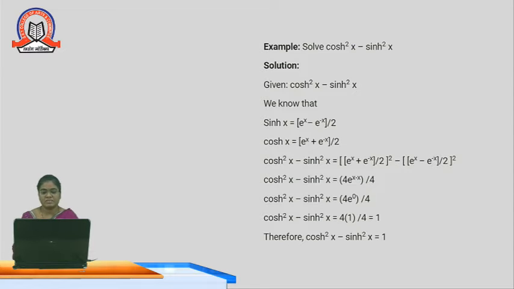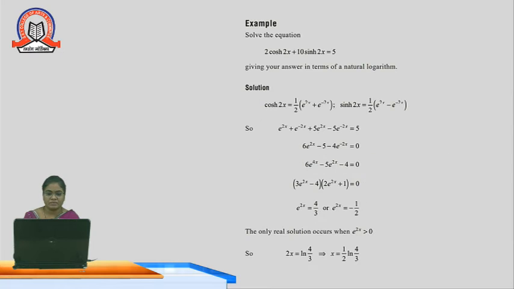Substituting these values and expanding using the formula a plus b whole square, we get the answer as 4 e power x minus x upon 4. So e power x minus x is e power 0, therefore 4 into e power 0 by 4, anything power 0 is 1, the answer is 1 here. So cosh square x minus sinh square x, which is one of the identities, has the value 1.